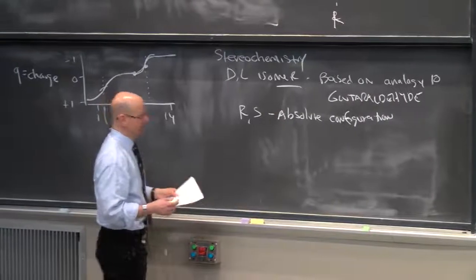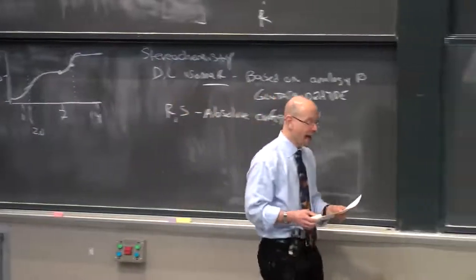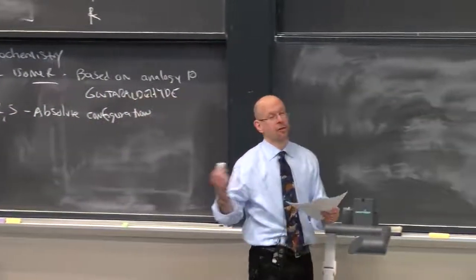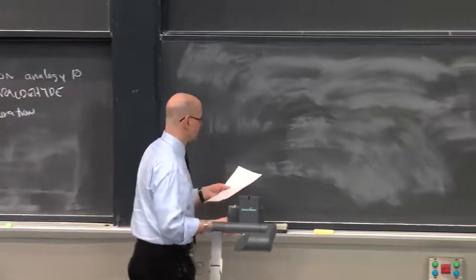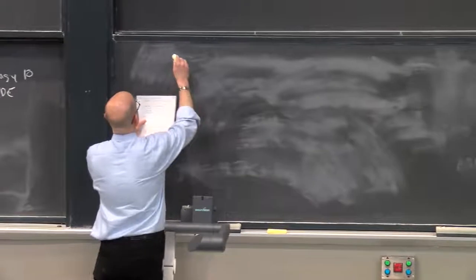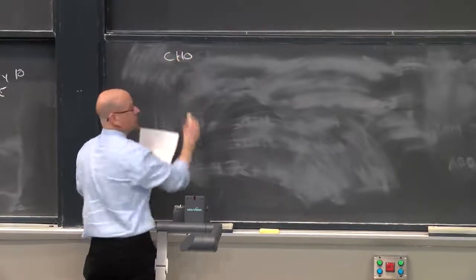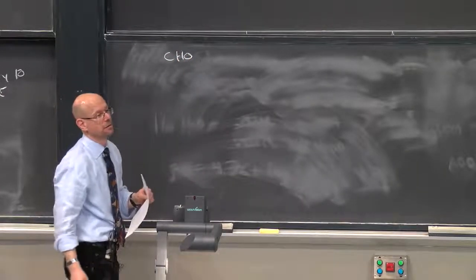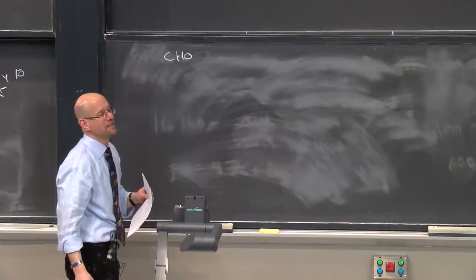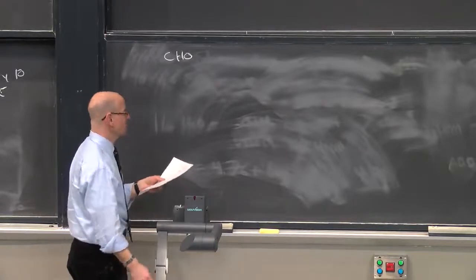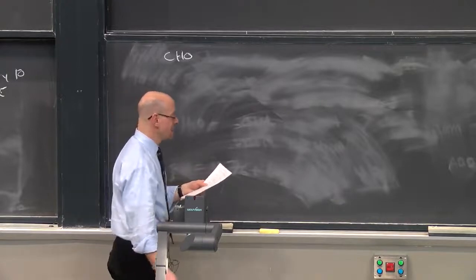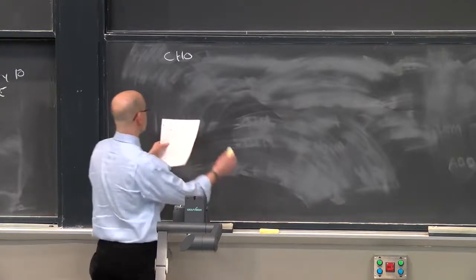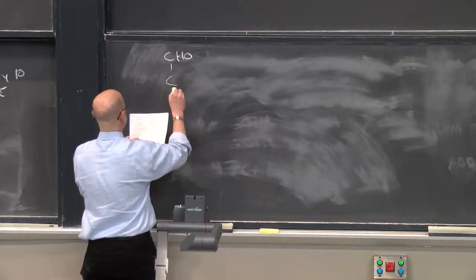The first definitions of stereochemistry of D and L had to do with enantiomers that were identified by none other than Louis Pasteur, I believe, dealing with glyceraldehyde. Is D and L similar to R and S? Yes and no. D and L is older nomenclature that then got revised to R and S. D and L nomenclature had to do with analogies based on glyceraldehyde that looked like this.